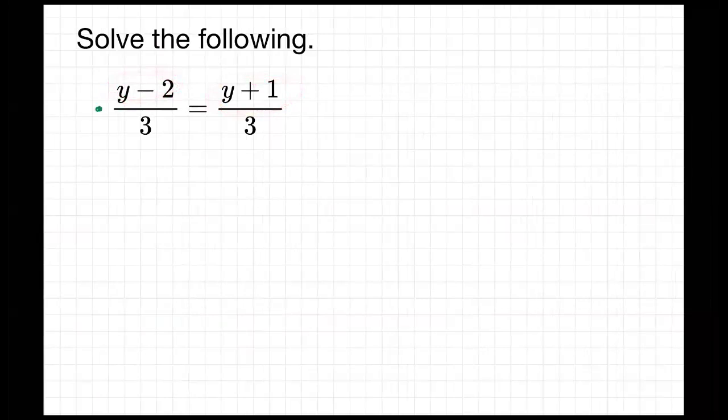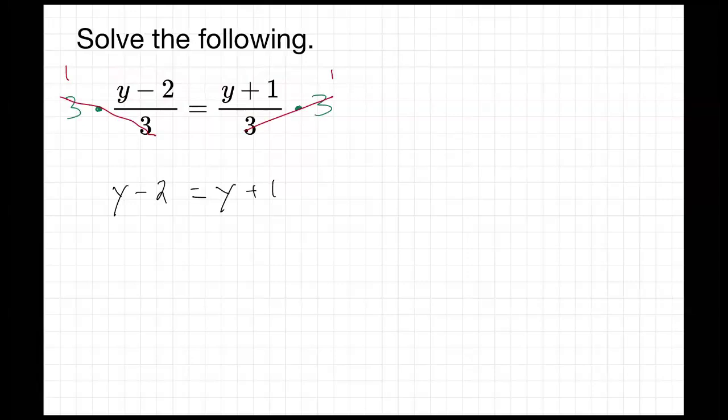Now, when we use our multiplication, we're going to multiply both sides by the same thing according to our multiplication property of equality. And we want to use the value that's in the denominator. Our common denominator is 3, so let's multiply both sides by 3. At that point, we can do that division we just mentioned, because 3 divided by 3 is 1. And then 1 times anything is itself. So we're left with our numerators there.